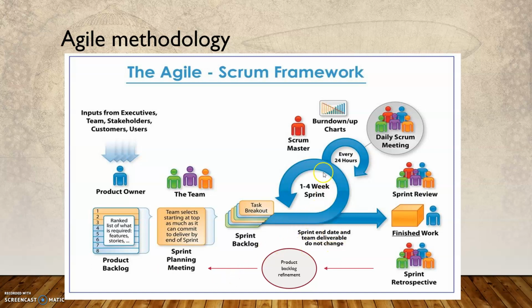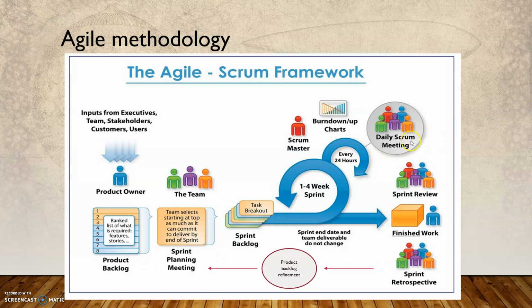Then you get into a sprint, and the daily scrum meeting is between the scrum master and the team, to find out the status of each of the stories, each of the requirements. The requirements are known as user stories.